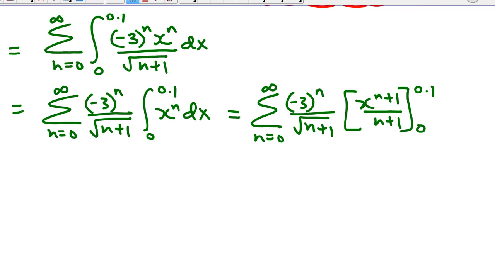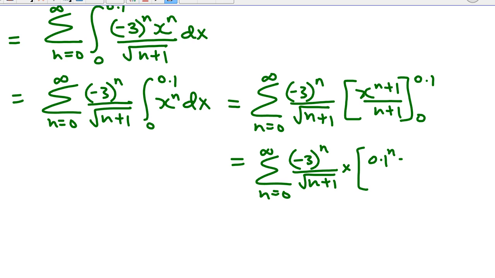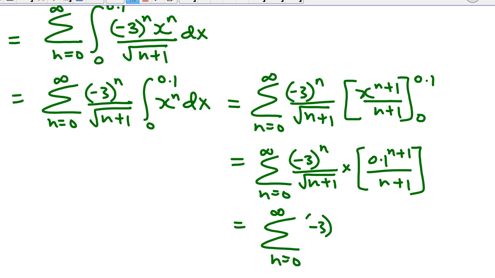All right, carry on. This will be equal to the sum from n equals 0 to infinity of negative 3 to the power n, square root of n plus 1, multiplied by, now if you plug in 0.1, that will just be 0.1 to the power n plus 1 over n plus 1, which simplifies to 0.1 to the power n plus 1 over n plus 1.